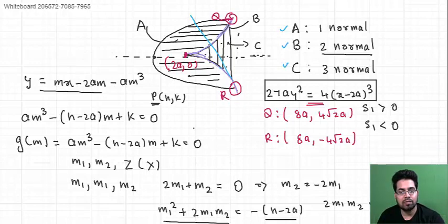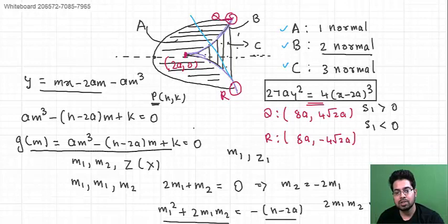If we can draw one normal, can I state that this cubic, that means this function, is going to have one real root, let's say m1, and two imaginary roots z1 and z1 conjugate, because we know that imaginary roots exist in pairs if the coefficients are real, and obviously the coefficients are real.